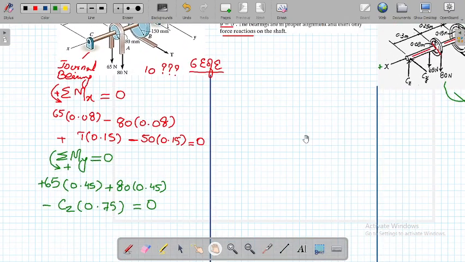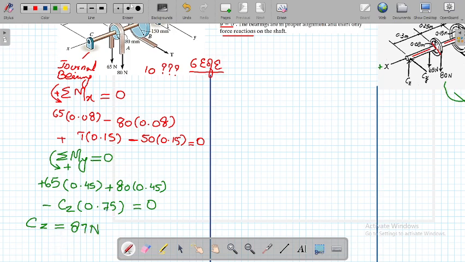So from here you can calculate your Cz very easily. Because all are numerical values, Cz comes out to be equal to 87 Newton.